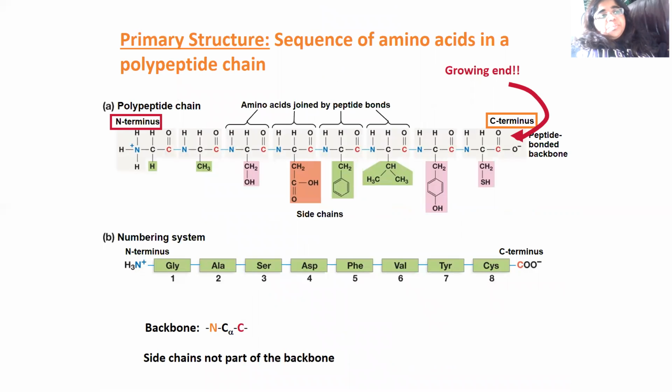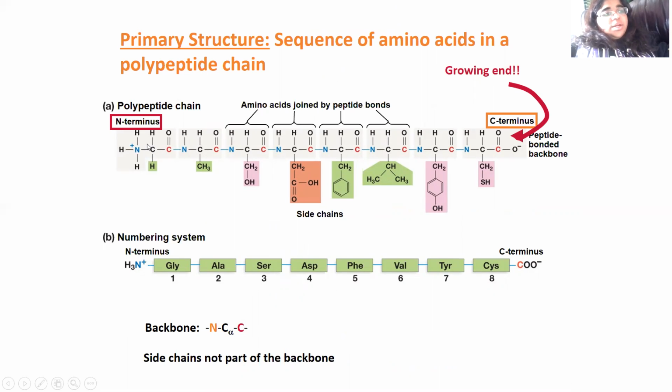So in the primary structure itself, you see it as a sequence, right? It's a sequence of amino acids in a polypeptide chain.